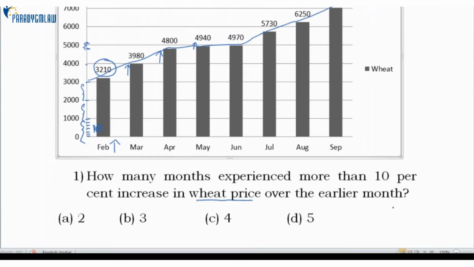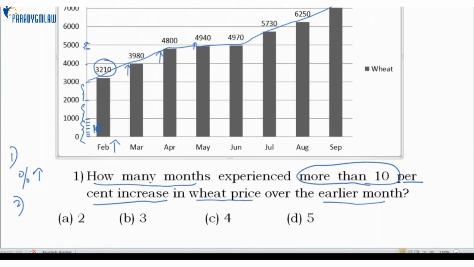Firstly, they want us to calculate percent increase. The second part is they want us to figure out if it is more than 10% increase and for how many months it has been, as an increase over the earlier month.